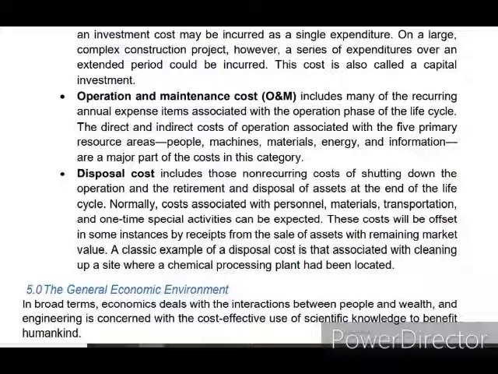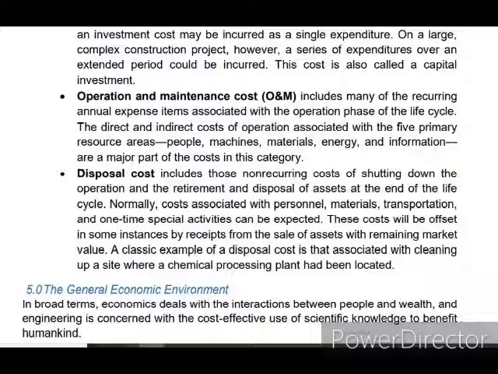So next, disposal cost. It is also included in the life cycle cost because it is the non-recurring cost of shutting down the operation and the retirement and disposal of assets at the end of the life cycle. Because this cost can be found at the end of the life cycle. Normally, costs associated with personnel, materials, transportation, and one-time special activities can be expected.